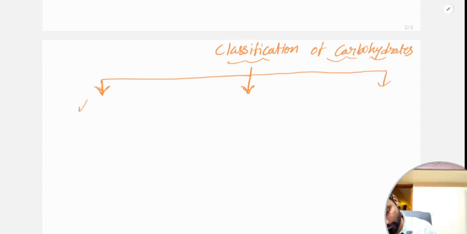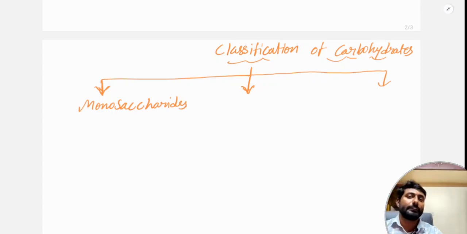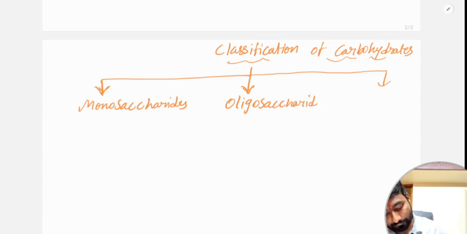Now the first group is monosaccharides, which has one monomeric unit which cannot be further hydrolyzed during digestion and absorption. And the second group is oligosaccharides, and the third group is your polysaccharides.